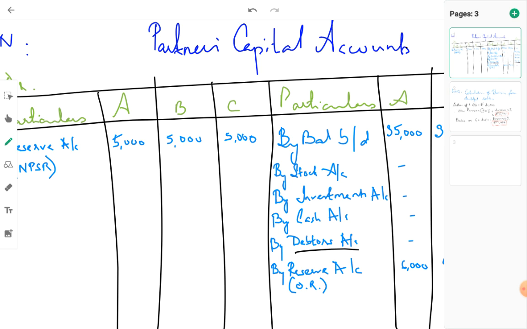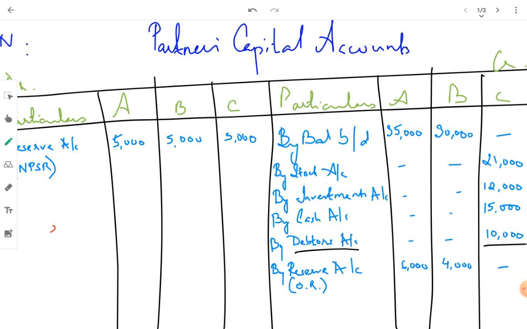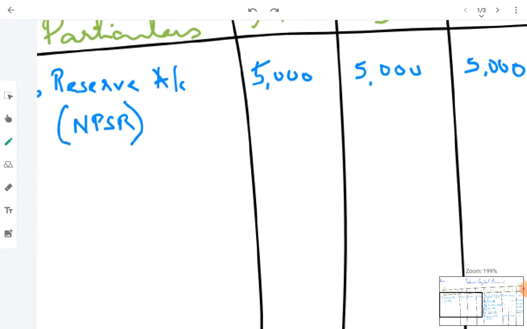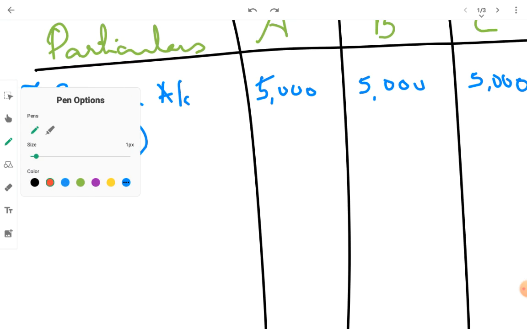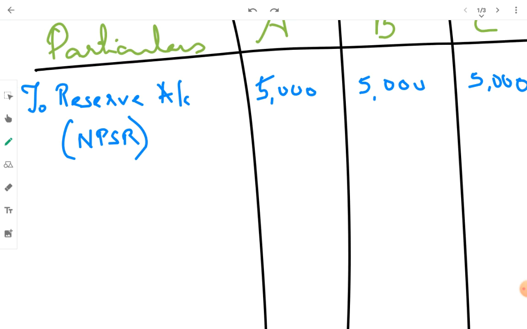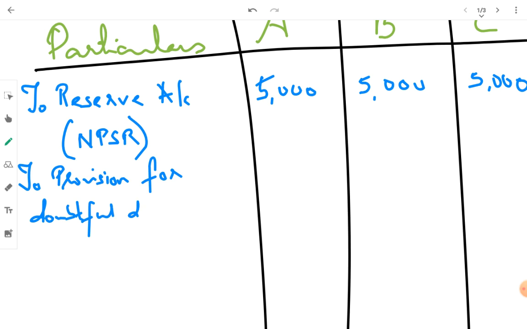Okay, so let's come back to the partner's capital account and let's write down the details with regards to provision for doubtful debts. Okay, so when it comes to provision for doubtful debts, let us record the entries to provision for doubtful debts account.